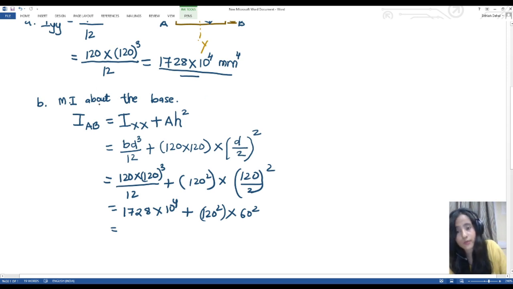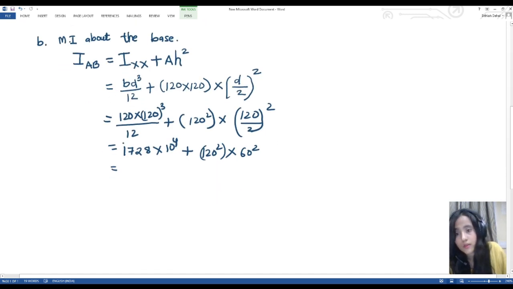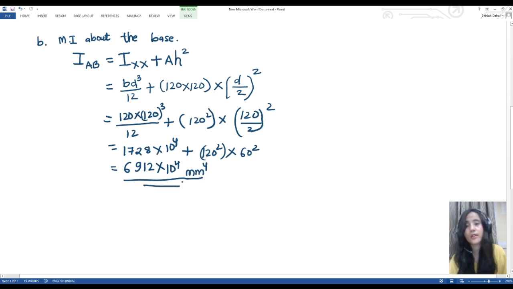I can write this one as 6912 into 10 raised to power 4 mm raised to power 4. So this is your moment of inertia about the axis IAB.